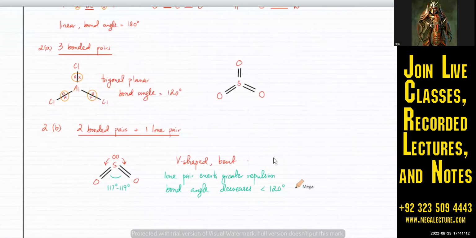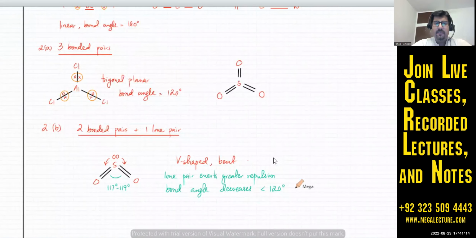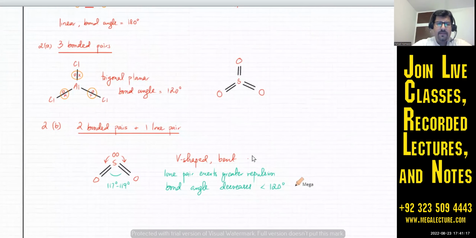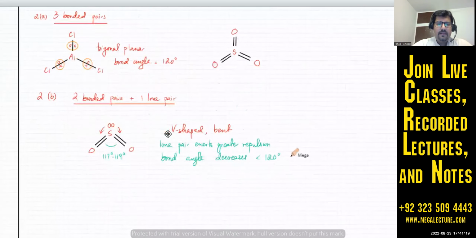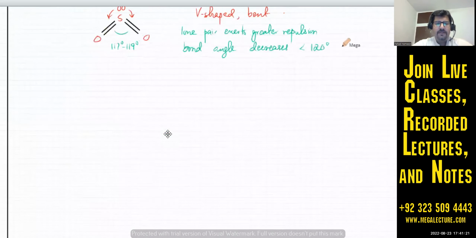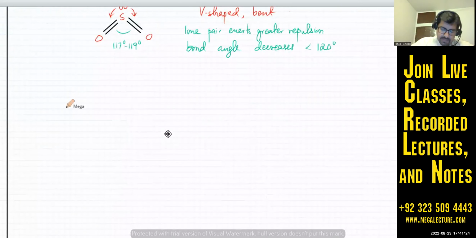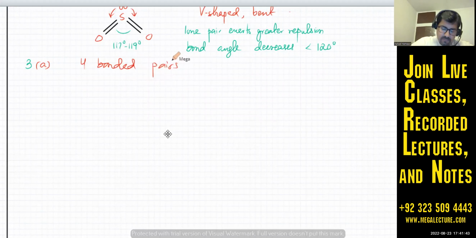जी सर. और इसी तरह तीसरे पे आ जाते हैं, the third one. What if you have 4 bonded pairs? ऐसा इसकी भी फिर different versions होंगे. So what if you have 4 bonded pairs and, एक second.